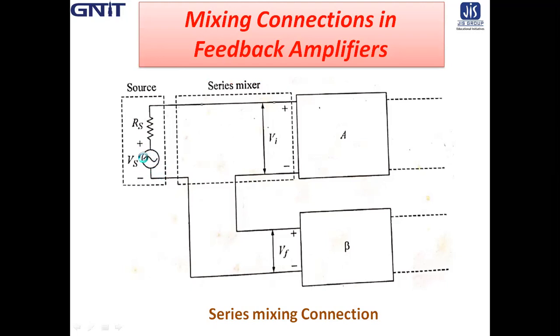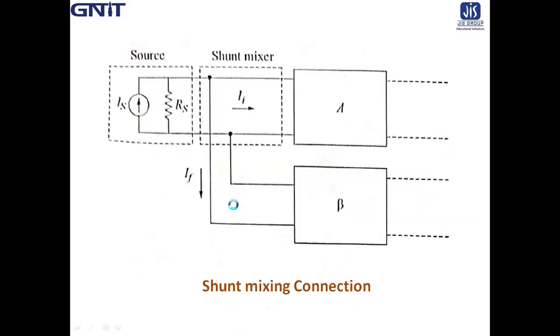If the input source is a voltage source, then the connection is obviously a series connection, called series mixing, of the input with the feedback network. And if it is a current source, the source resistance is in parallel, and the connection of the input with the feedback network is of shunt type. So it is called shunt mixing.